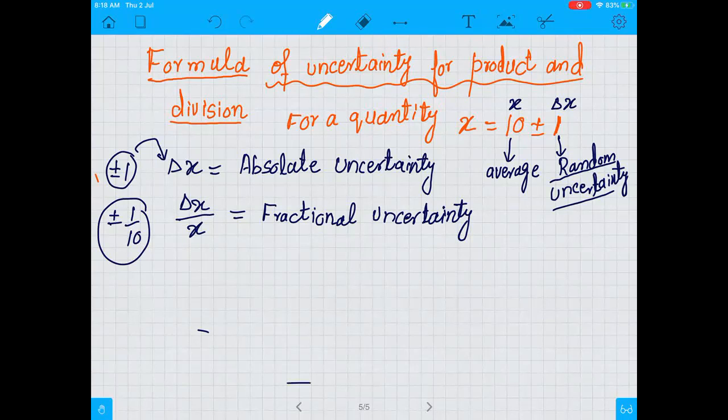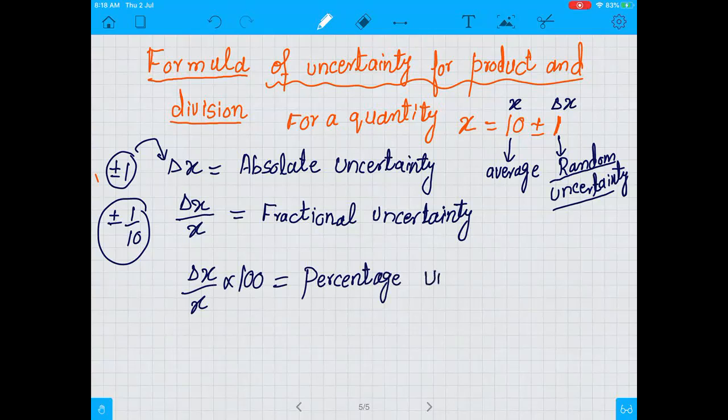Now if you multiply fractional uncertainty with 100, like delta x over x into 100, then it would become the percentage uncertainty.